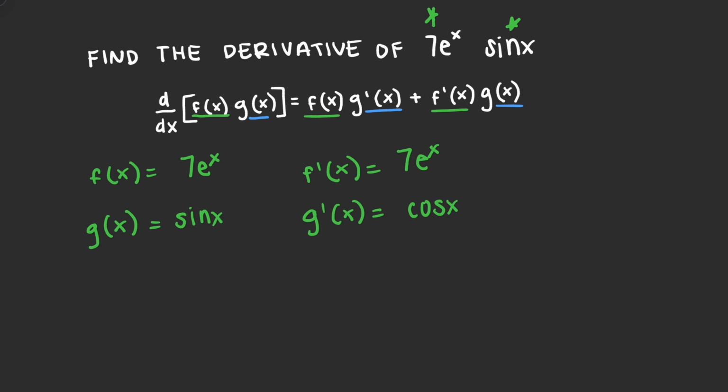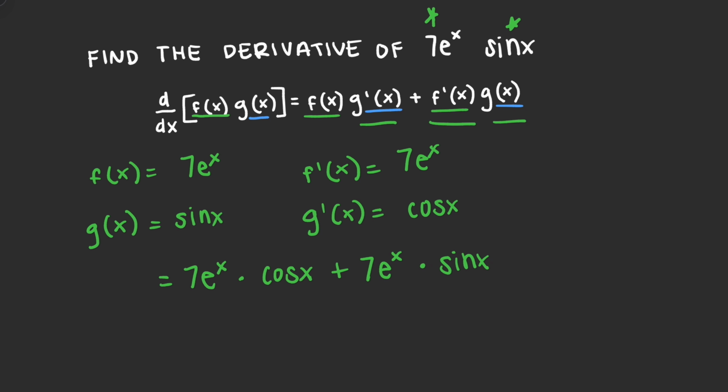Again, work on remembering the derivatives of sine x, cosine, and tangent. So if we plug that back in, we would get f of x, which is 7e^x, times g prime of x, which is cosine x, plus f prime of x, which is 7e^x again, times g of x, which is sine x.